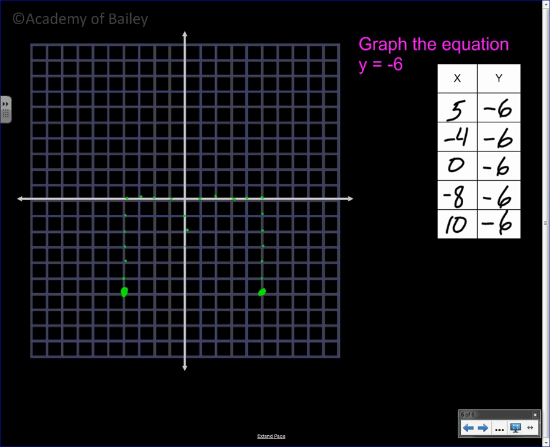That means you just go down 6 from the origin. The fourth point, -8, -6. That means left 8 and down 6. And of course, the last one is 10, -6. So here's x equals 10, and you go down 6.